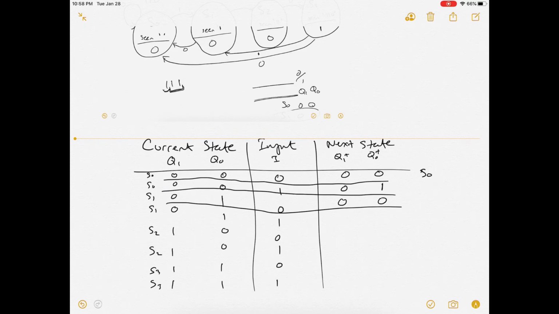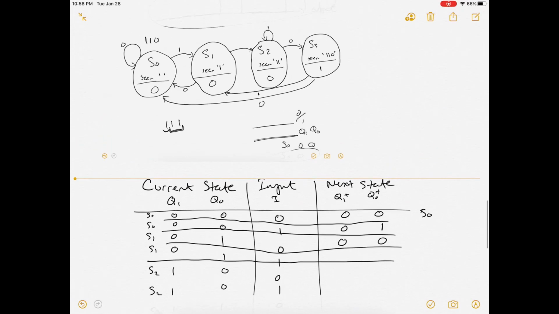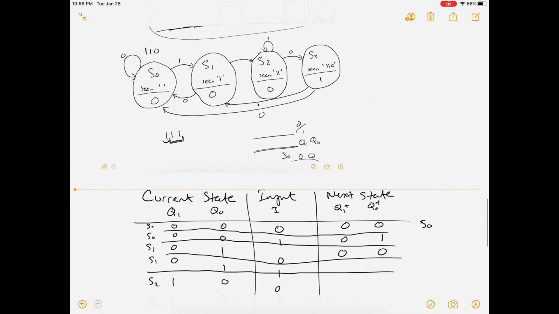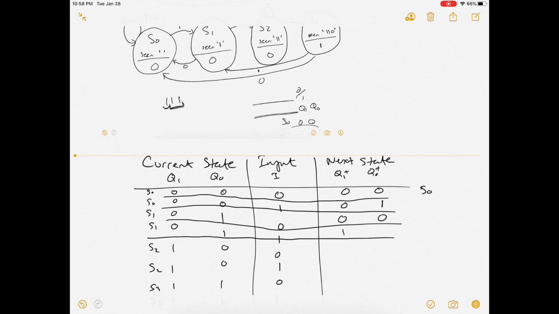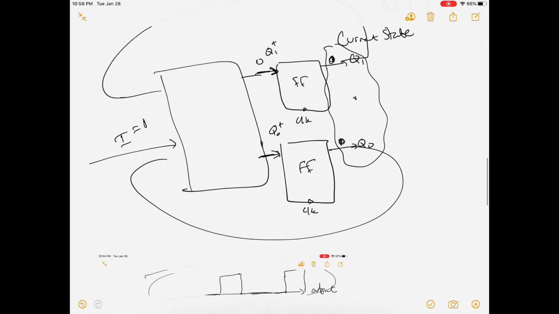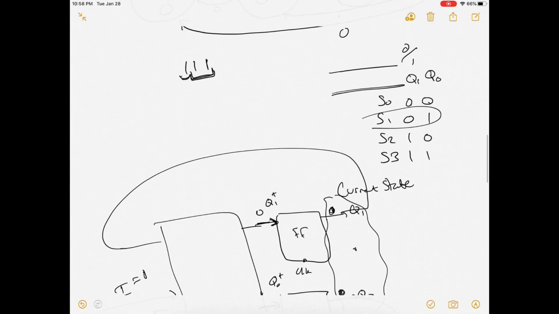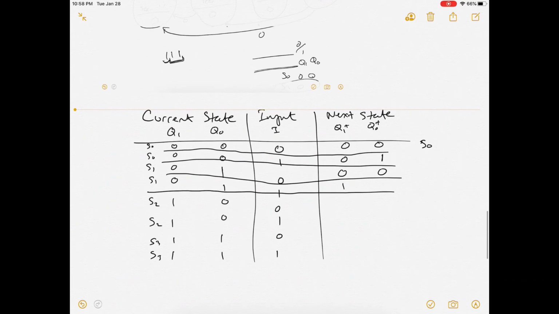So this is going to be 0, 0. Now if we are in S1 and our input is 1, we're going to move to S2 based on our state diagram. We drew them here, so in case you forget, you can always go back to here. S2 will be 1, 0.